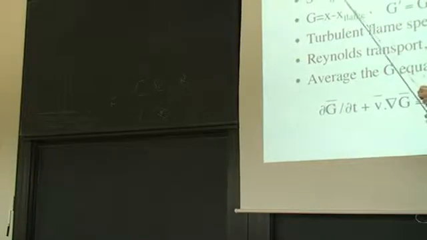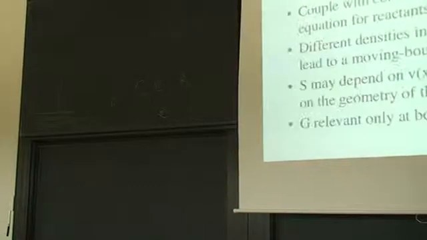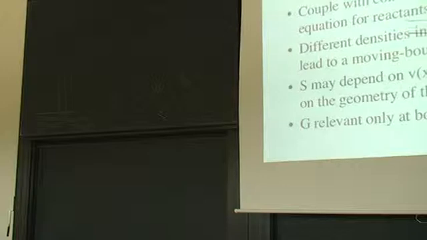For example, if the curvature of the front is not too large, this linear dependence on curvature would apply. When curvature becomes larger, it's no longer linearly dependent on curvature. But if we're talking about the G equation, it's less than zero in reactants, and greater than zero in products.